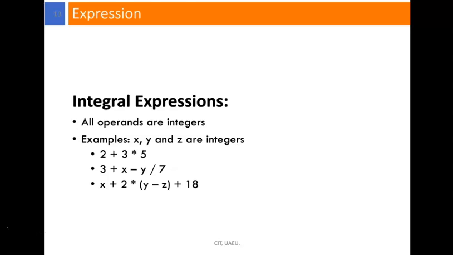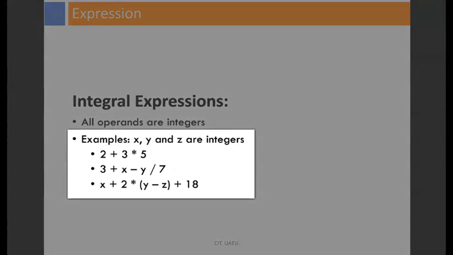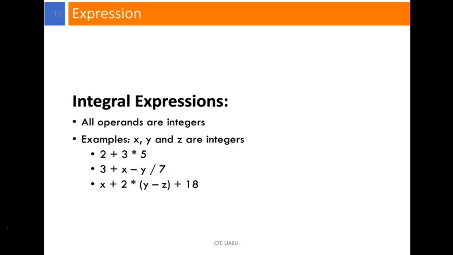Okay, in Java sometimes we end up with different results depending on the data type of the operands in our expression. If all the operands are integers, or any integral data type, this is called an integral expression. So here we have some examples where x, y, and z are all integer variables, and then we have these expressions where all the numbers and variables are integral data types.